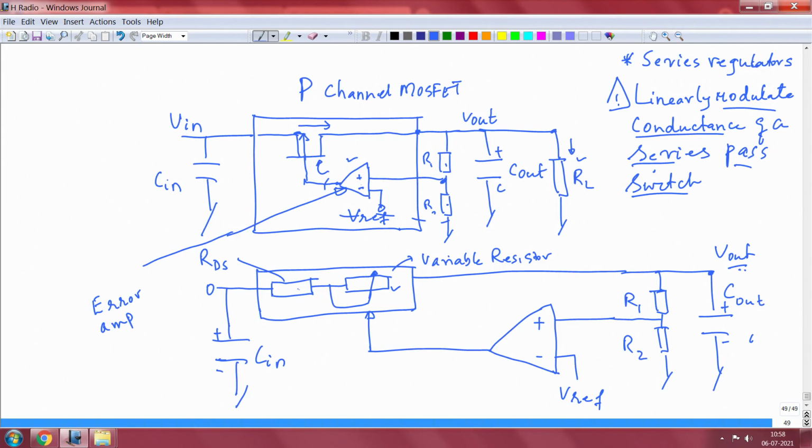The error amplifier gives a voltage gain, which will be sufficient to drive the gate of the series pass transistor, and therefore current will increase, and when the current increases, V out goes back to regulation. This is the point, and that is all there is to this explanation.